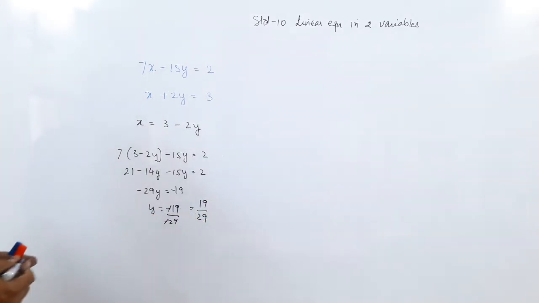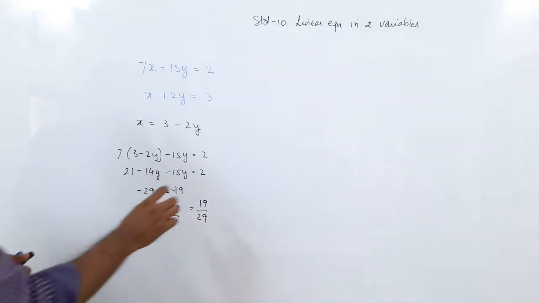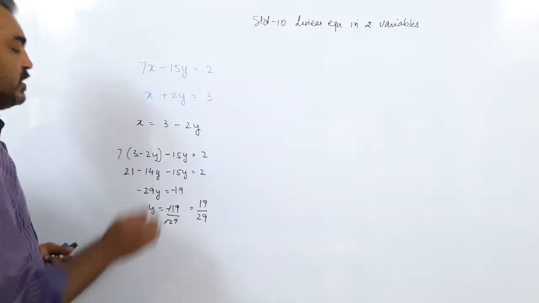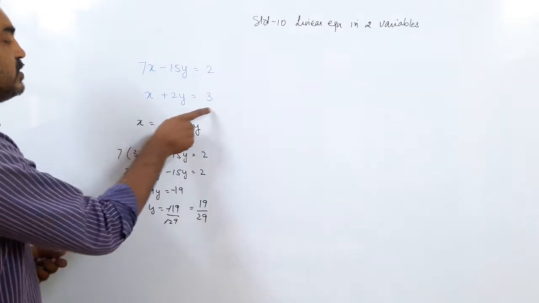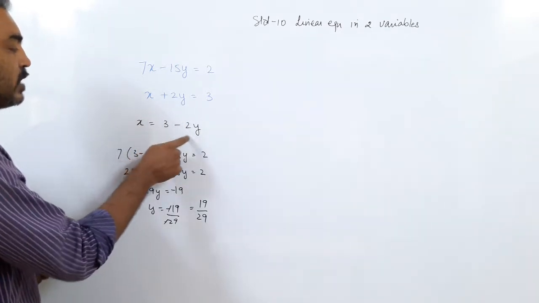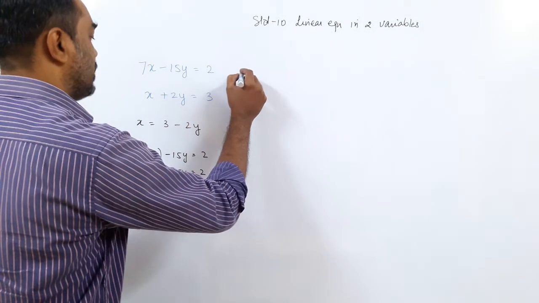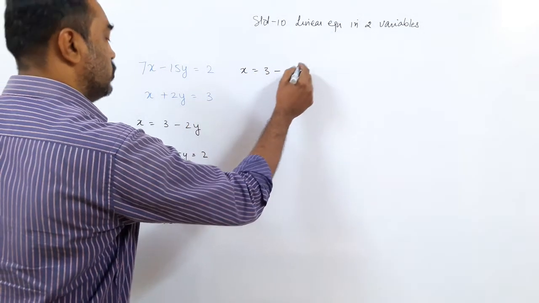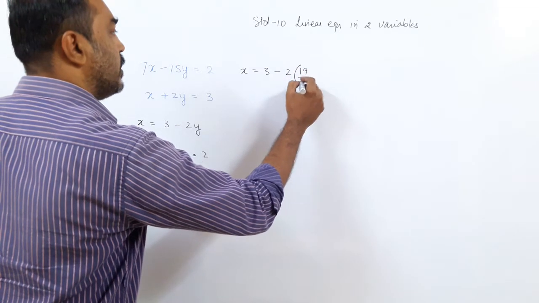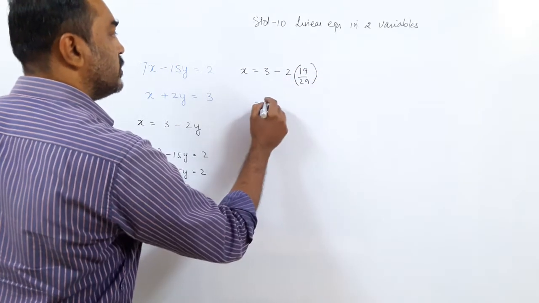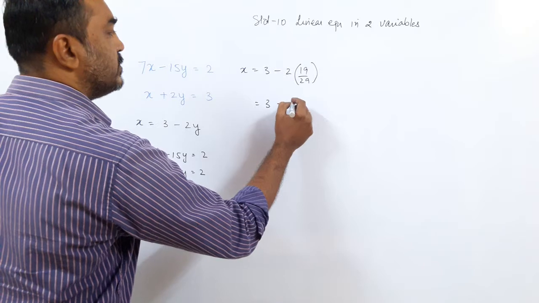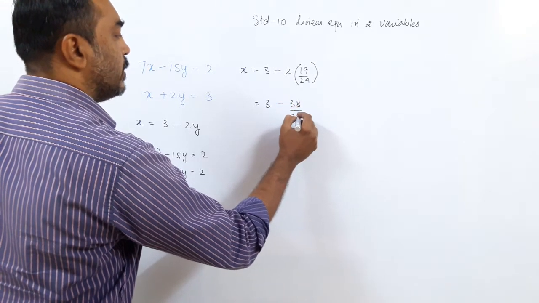So you are getting the value of y as 19 upon 29. Now we have to replace the value in one of the two equations. So you can see this equation is easier to replace. We have got x equal to 3 minus 2y. So we'll put the value of y in this equation. x is equal to 3 minus 2 into 19 upon 29. So it is 3 minus 2 19s are 38 upon 29.